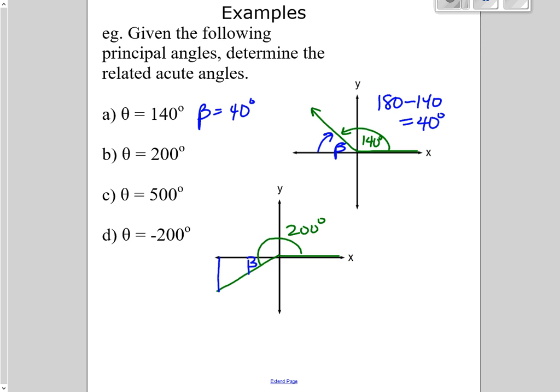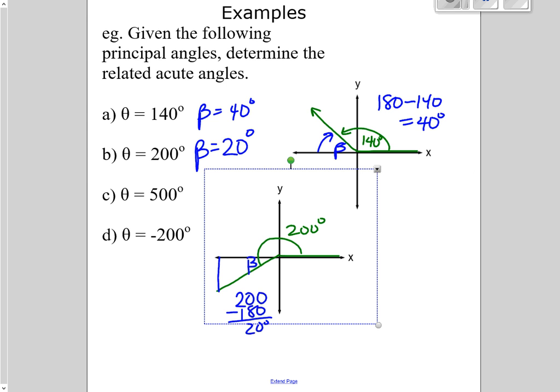It's the one that's created with the negative x-axis. And so I know from the positive x-axis to the negative x-axis that it is 180 degrees. So 200 minus 180, 20 degrees. Beta must be 20 degrees, since it went 20 degrees past our negative x-axis.